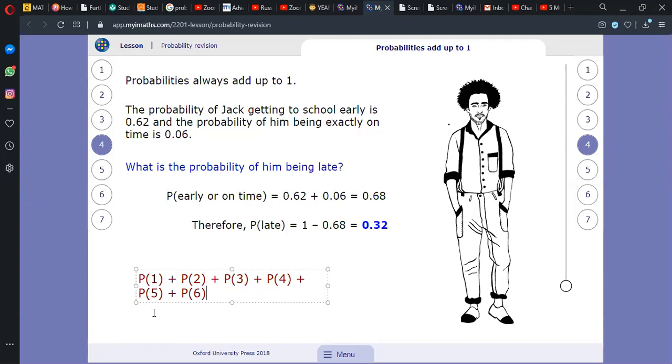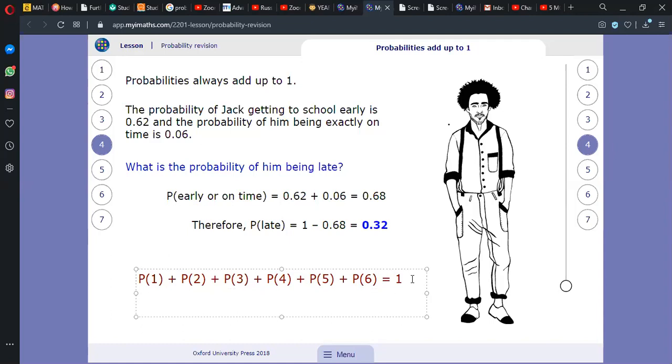Take a look at this, guys. All those probabilities that you're looking at, we are saying that compulsorily the answer must be equal to 1. But let us confirm that what we're talking about is actually true.